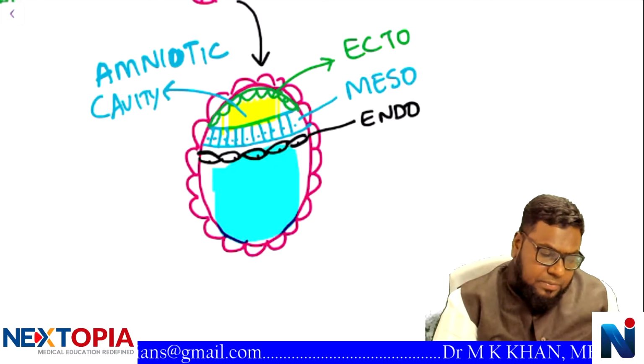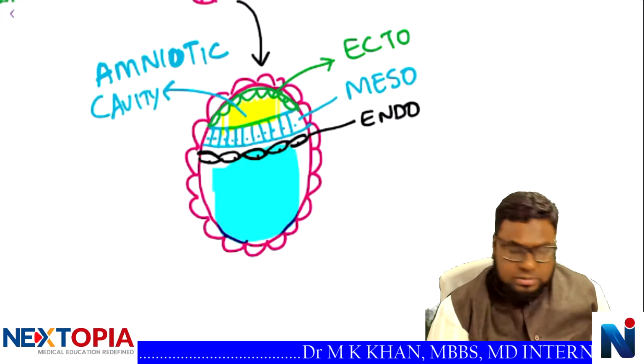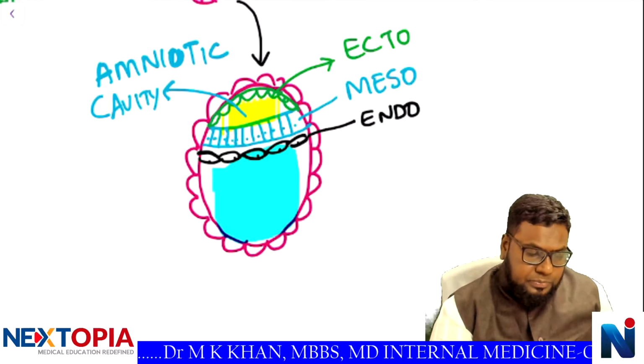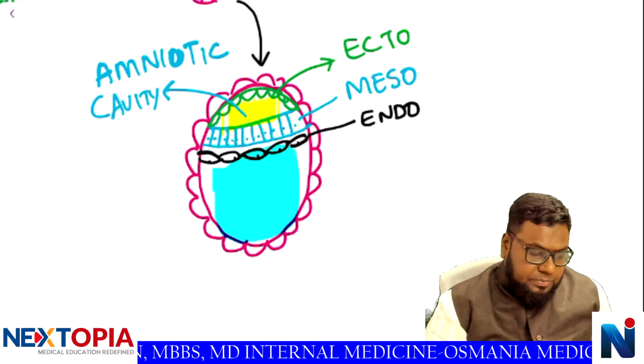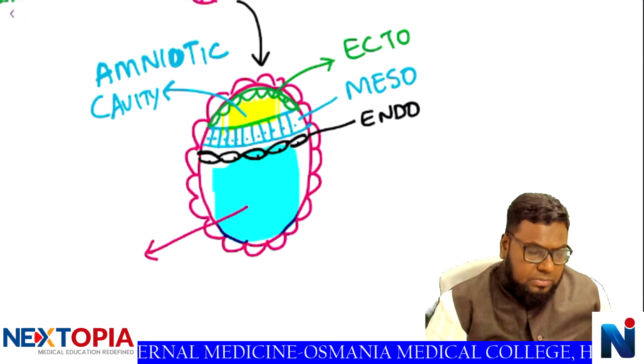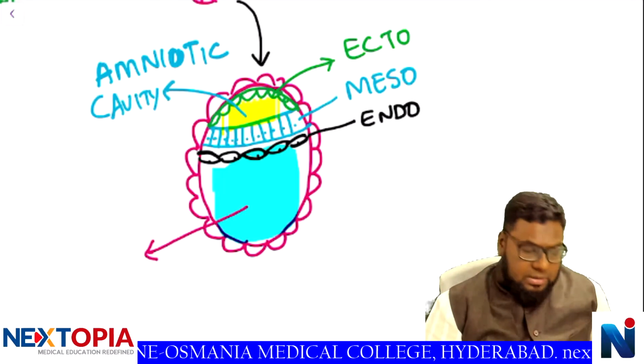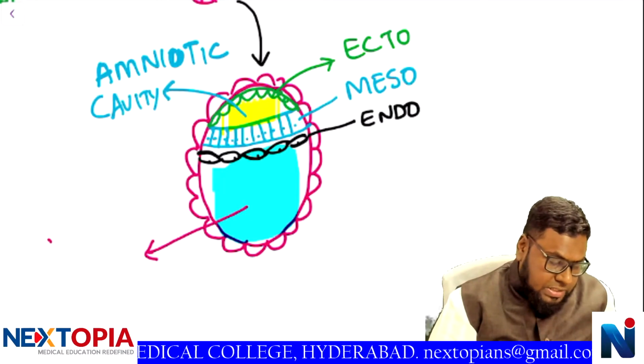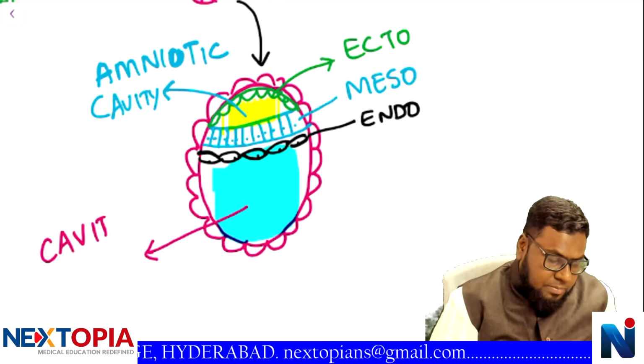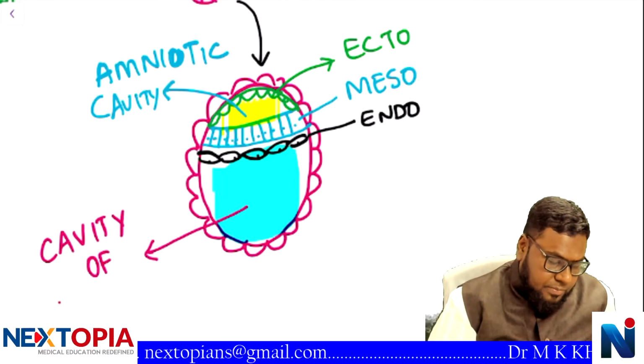Now this cavity, which I have just highlighted with this color, is called the primary yolk sac, the cavity of the blastocyst.